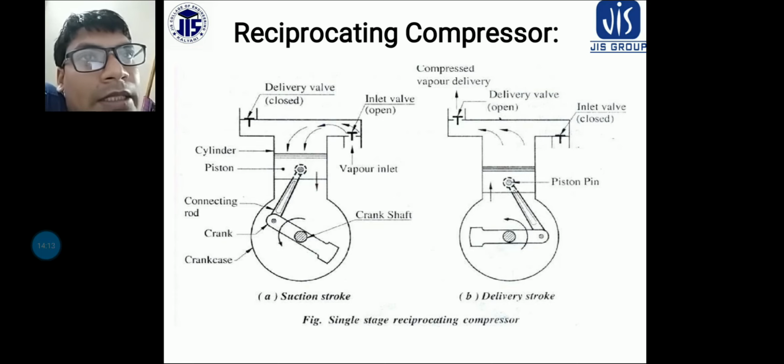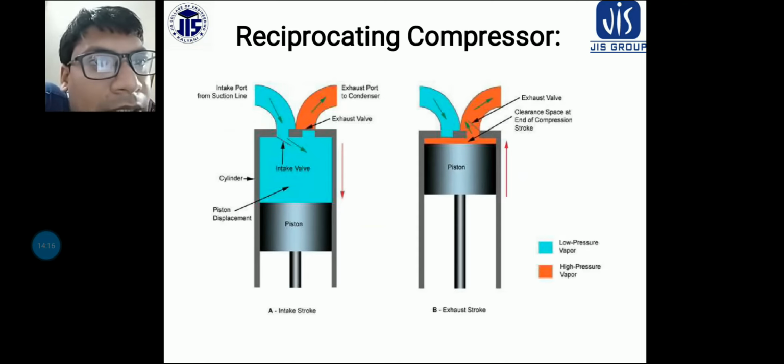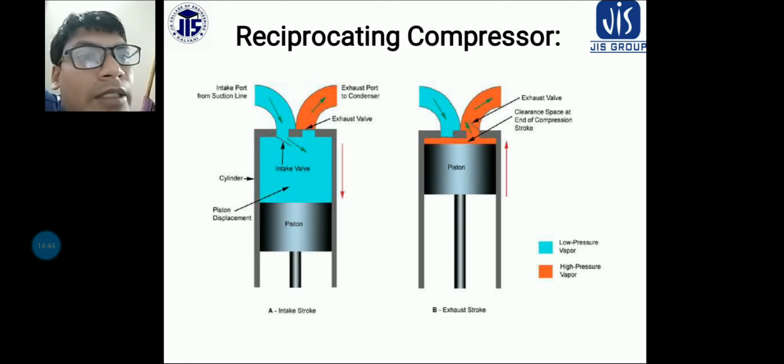Okay, next is the reciprocating compressor. Here you can see the intake stroke and exhaust stroke. Some part of the mixture or refrigerant remains, and here the red sign is talking about the high pressure vapor, and the left one, the green, is called the low pressure vapor.